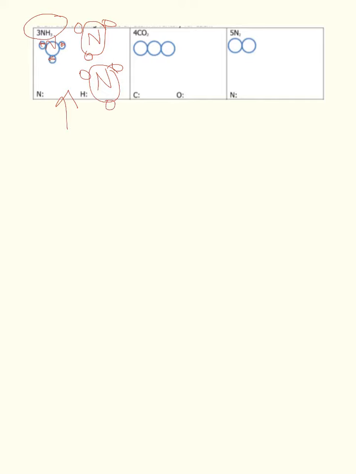And then we'll simply count how many of each we have. So we call this an atom inventory. We have 3 N's and we have 3 H's on each for a total of 9. And being able to do this will help us balance equations.